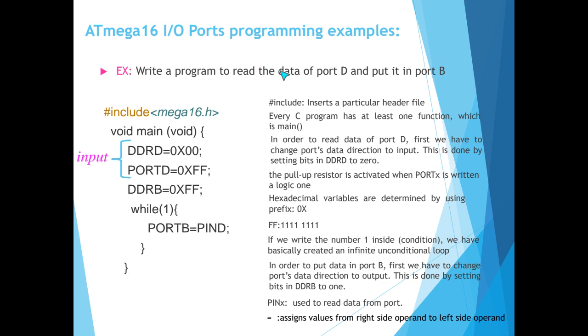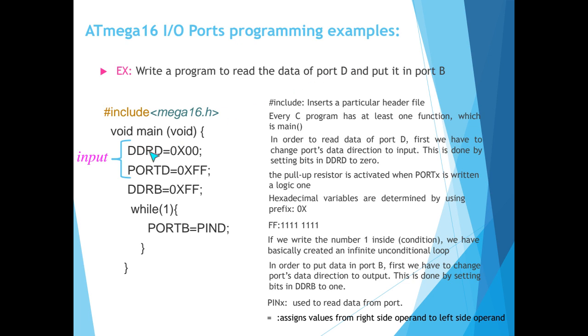So we said that we want to read the data of port D, and to do that, we need to configure port D as input, and for configuring a port as input, we use the DDR register. Here, port D should be configured as input.